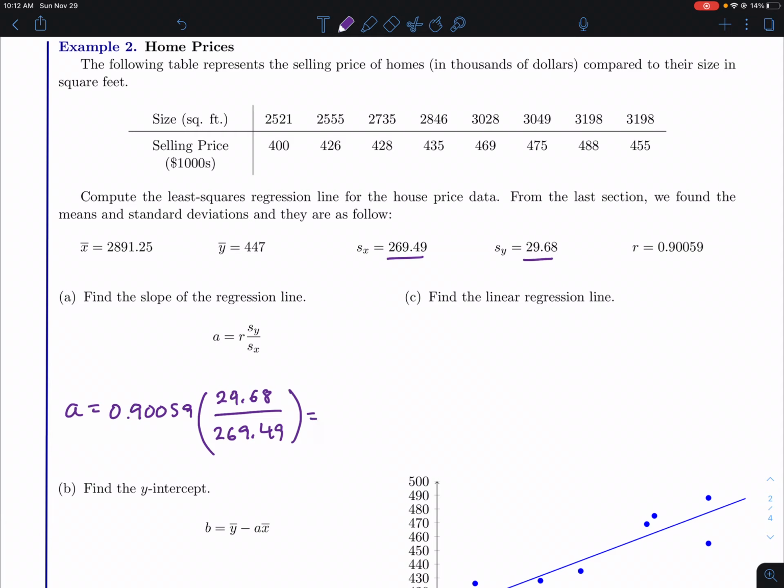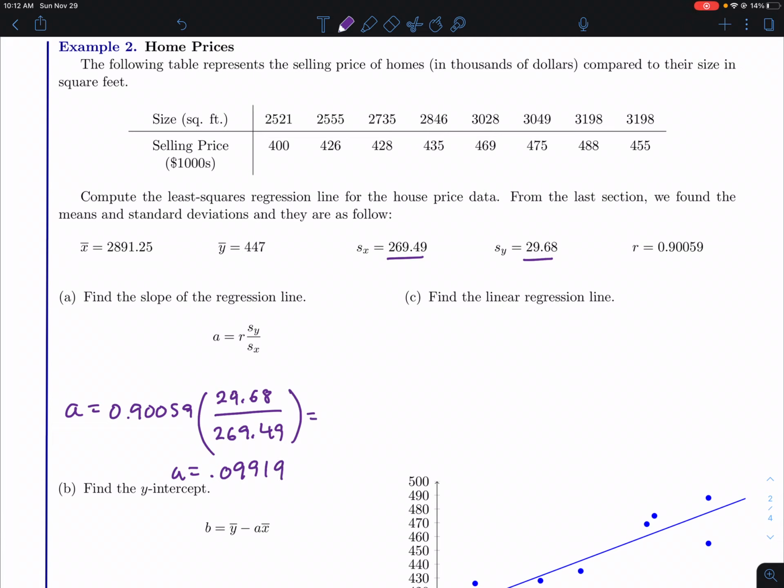Let me throw this in the calculator real quick. 0.90059 times 29.68 divided by 269.49 gives us an A value of 0.09919.